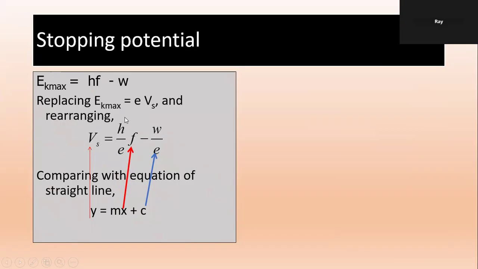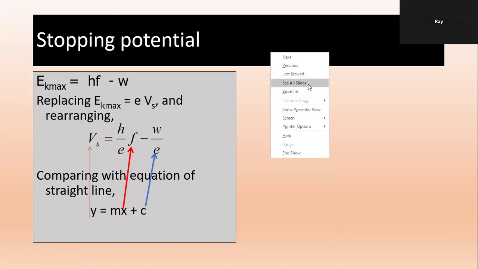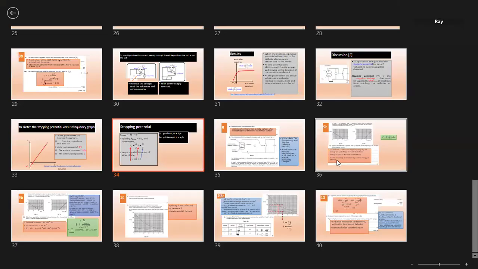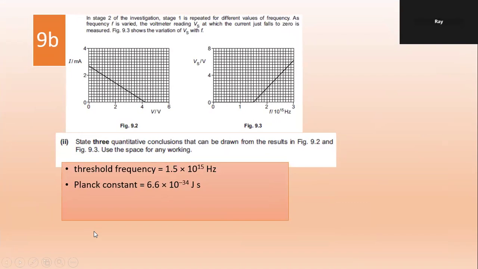So we can get Planck's constant from the gradient, and then work function from the y-intercept. Right? Planck constant, you can get that. Work function is just your h times f naught. Right? You can get the answer.